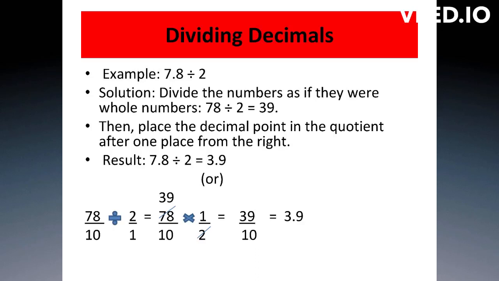That is 2 by 1, right? So the reciprocal of that is 1 by 2. The numerator becomes the denominator and the denominator becomes the numerator. So here 78 by 10 into, when division is being converted into multiplication, you have to take the reciprocal. Don't get confused here, children. So 2 by 1 becomes 1 by 2.